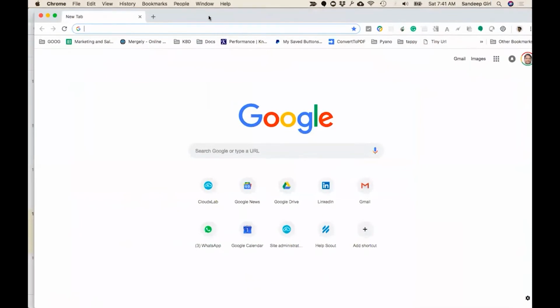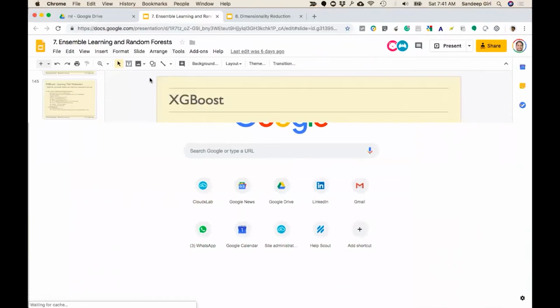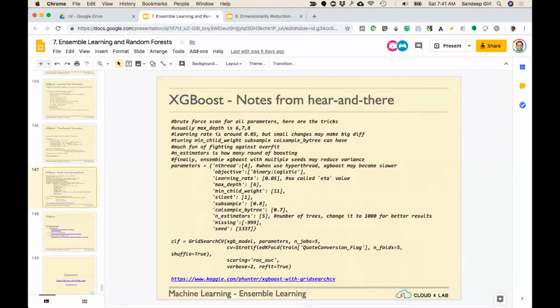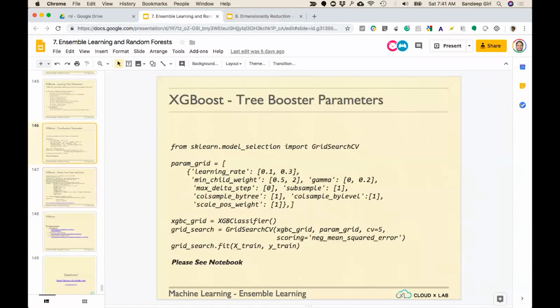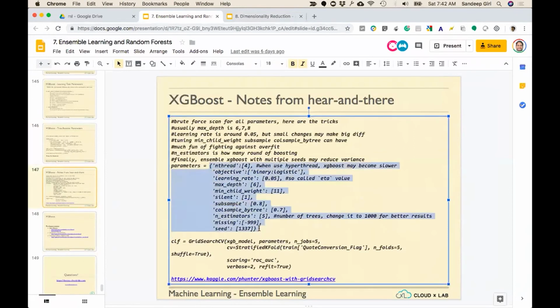So let's just see the notebook. Okay, so in my opinion, there is no single way to decide which parameters should be kept how much. But you can start with these kinds of parameters that others have experimented with, and that seems to work for many. Okay.